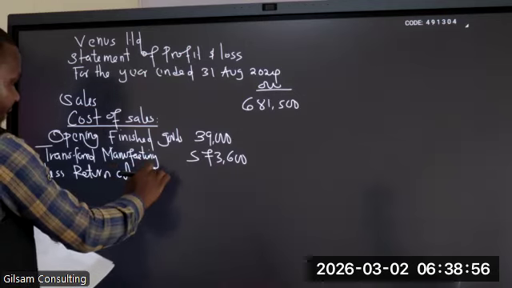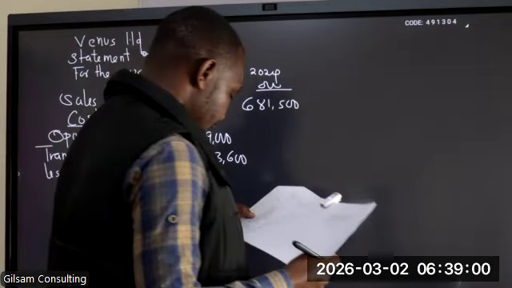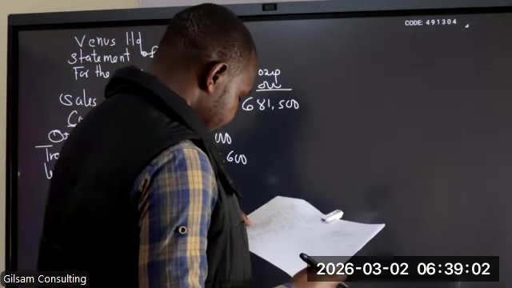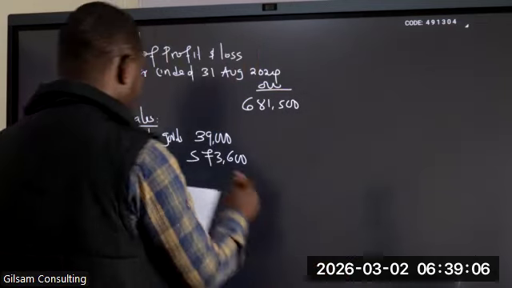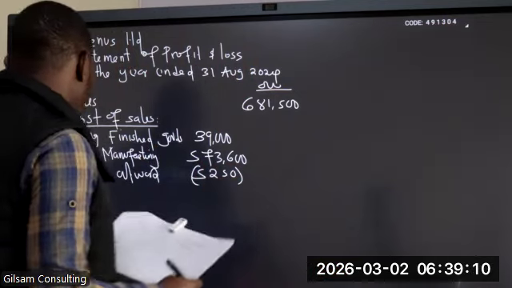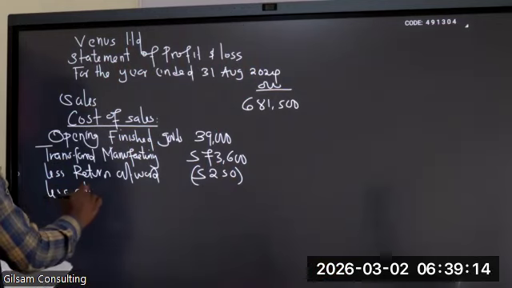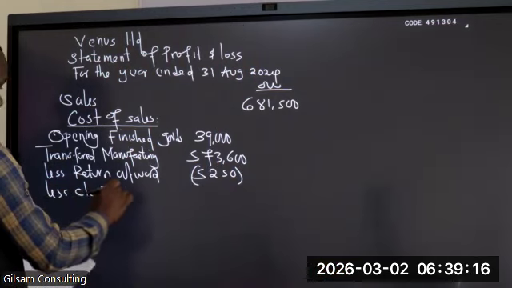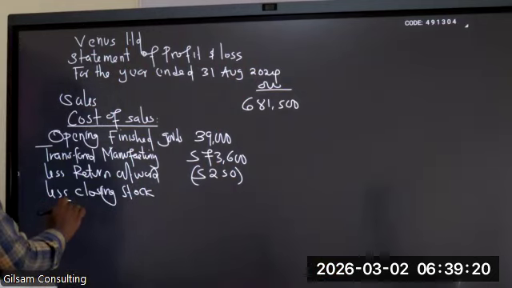We have to adjust in the manufacturing, but it is the same if you adjust even here, because we have not been told specifically it was the return outward for the materials. So 250, less the closing stock of finished goods.